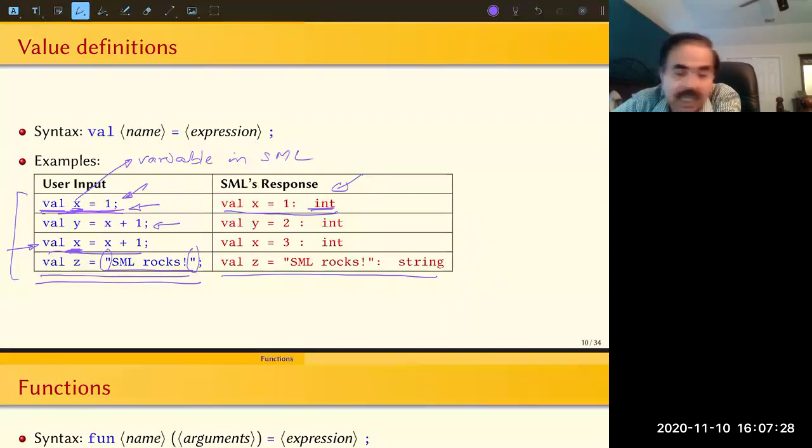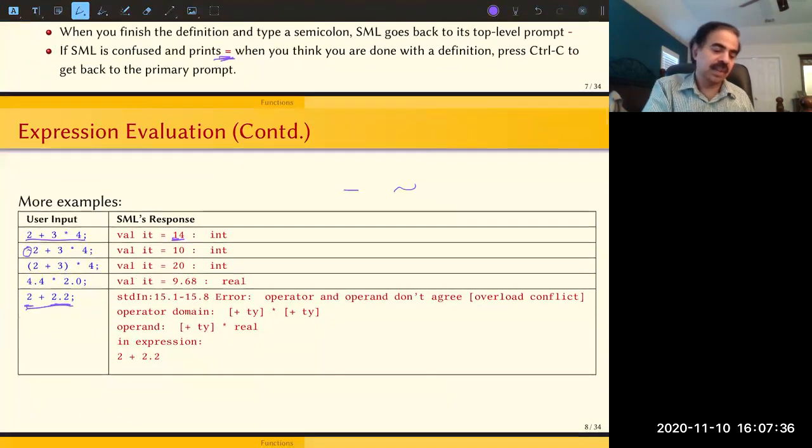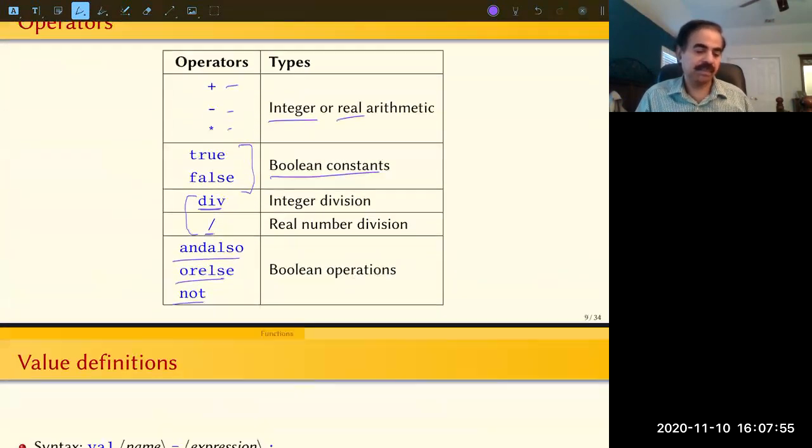If it needs to know the type, it'll be able to figure it out by itself. Okay. And of course, sometimes when it can't figure out, right? So the reason why this error is so complicated is also partly because it's trying to figure out. And when you have a mixed mode expression that contains both integers and real numbers, it doesn't quite know what you intend. And that's why it's telling you something complicated.